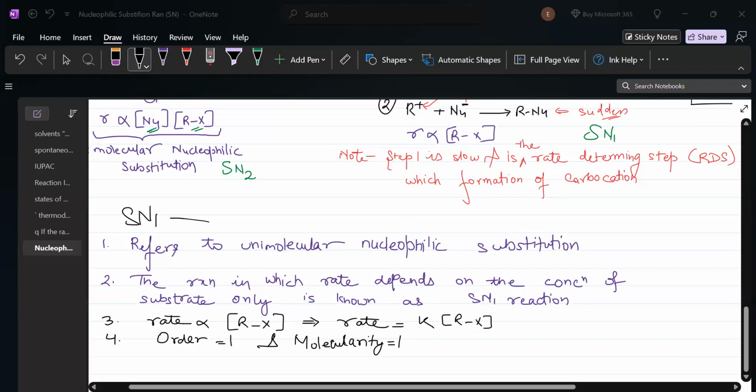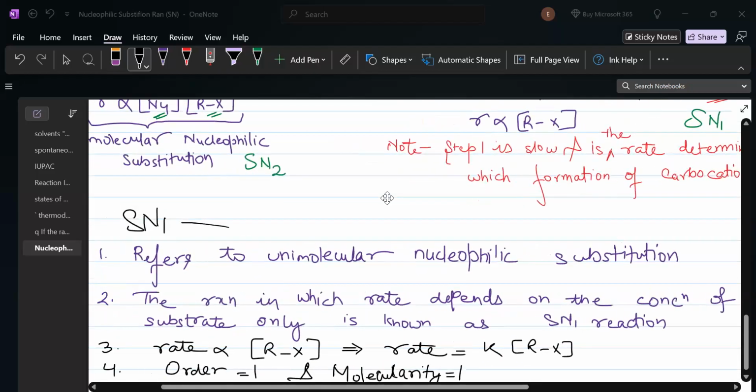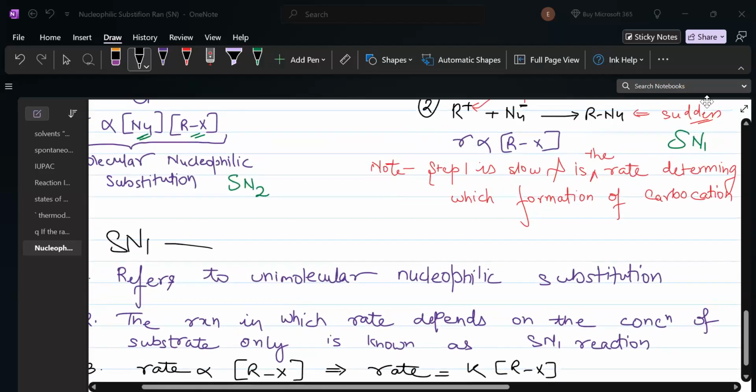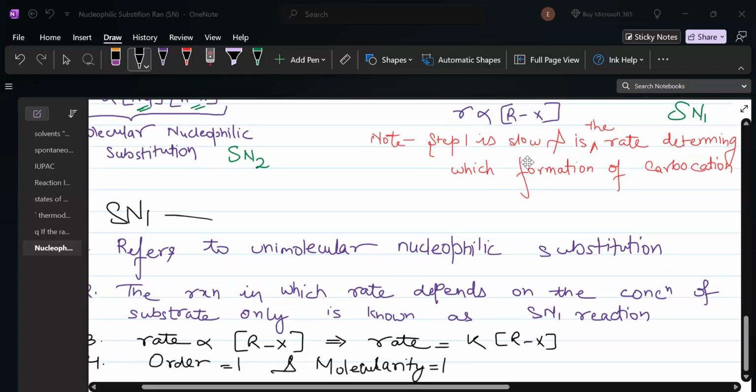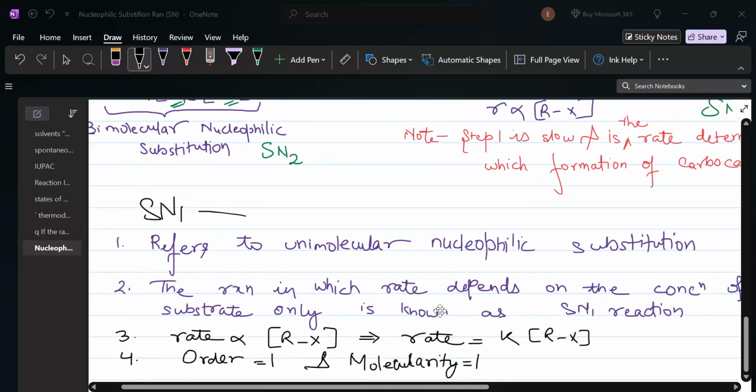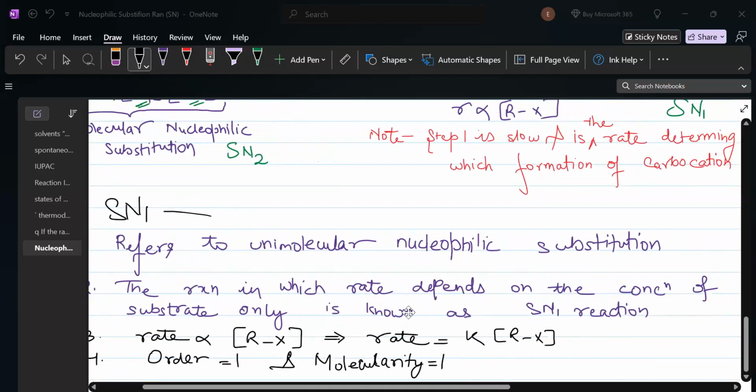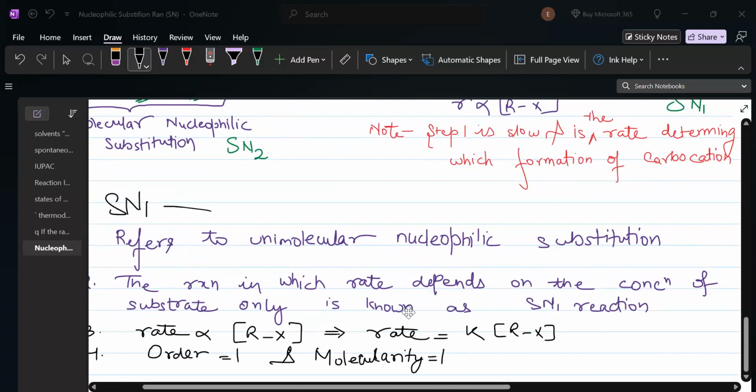Yes, sir. See, so it is a unimolecular nucleophilic substitution reaction, because the rate is dependent on one molecule only, and this depends upon the concentration of substrate only, as we have discussed, because only the first step is the rate determining step.